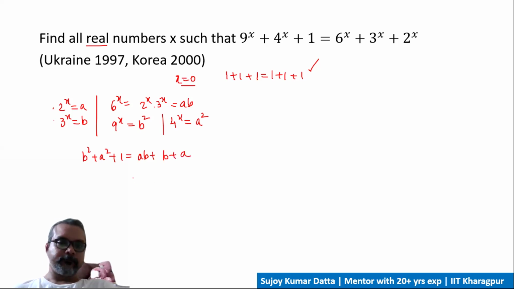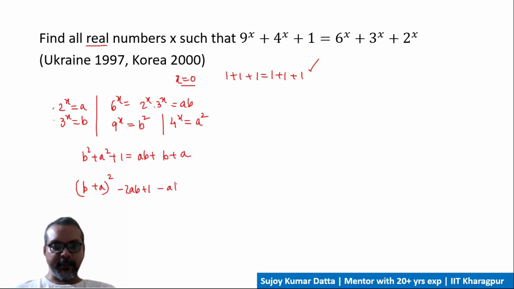this. Right? So this can be written as p plus a whole square minus 2ab. And now take these terms this side, minus ab minus p plus a.